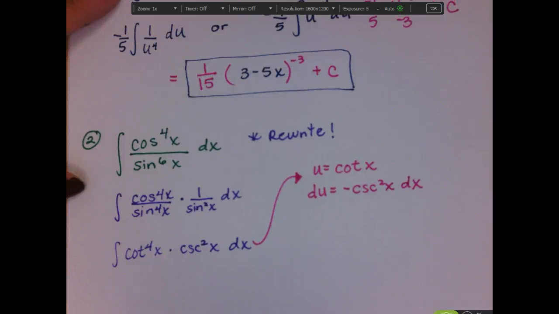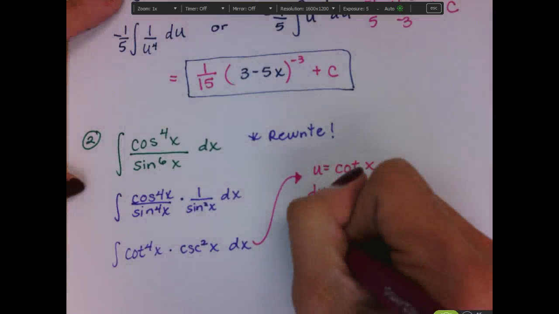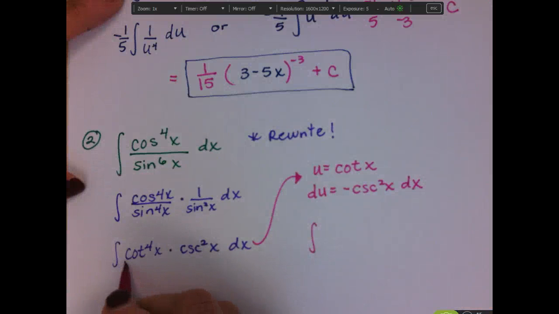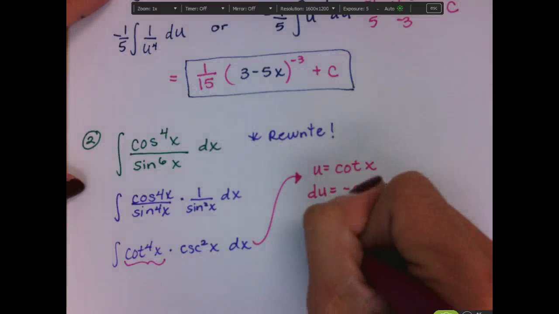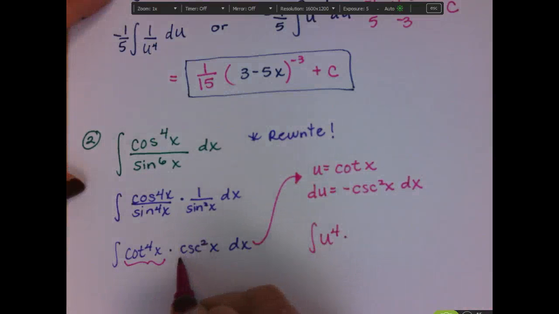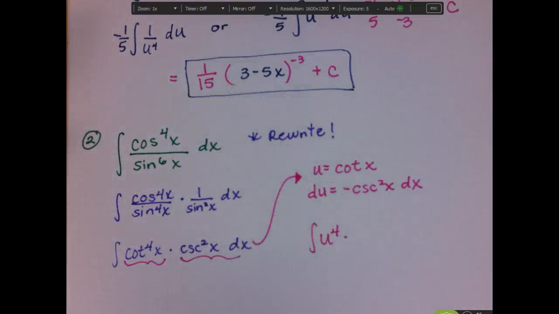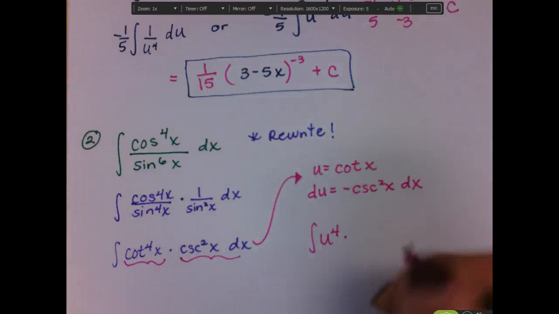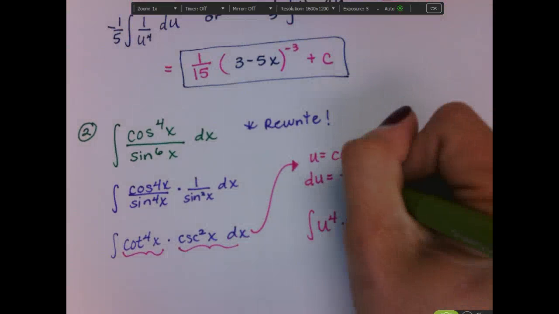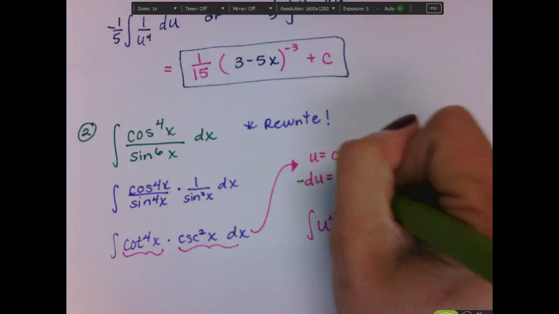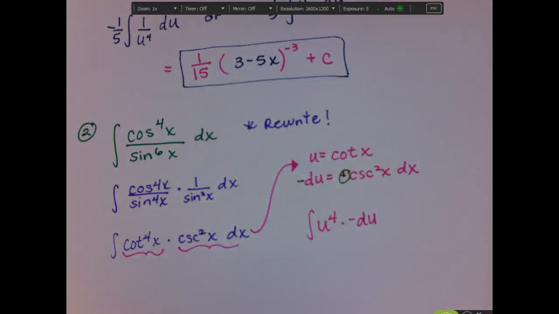So that makes things kind of nice. What I have now when I substitute, instead of the cotangent of x to the fourth, I have u to the fourth. And then instead of cosecant squared x dx, I can actually substitute negative du. Again, I had this extra negative sign in here, so I just need to account for it by dividing both sides by -1.